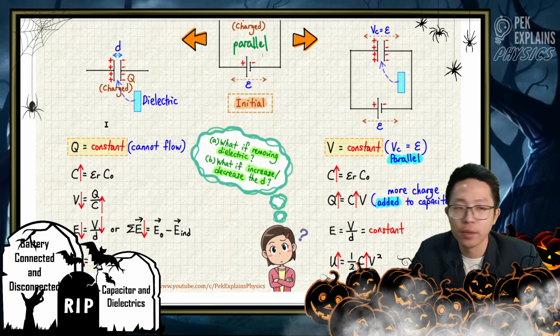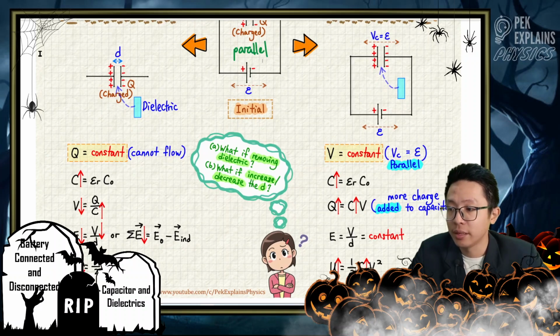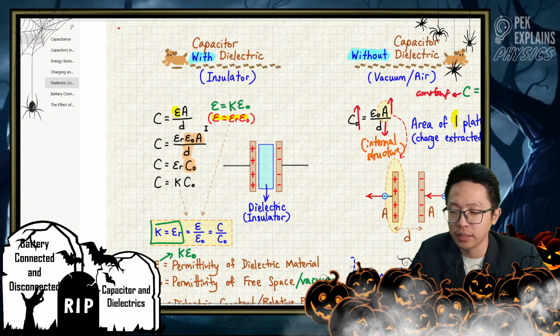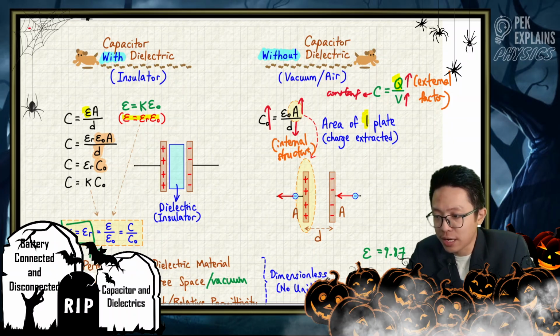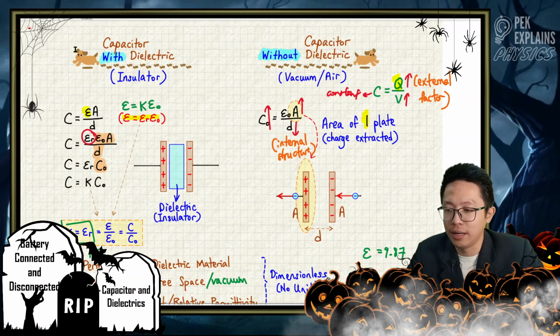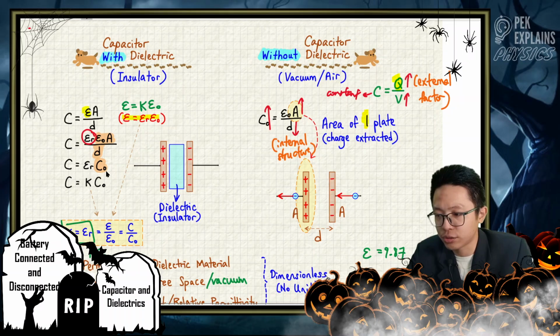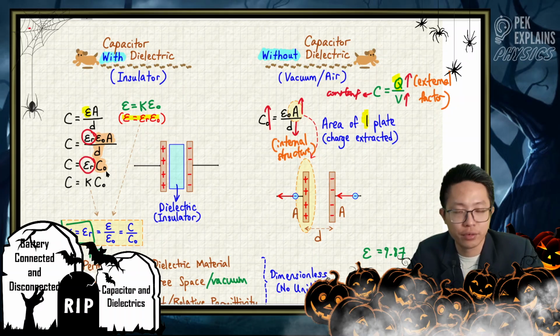As you learned before, if you insert a dielectric, you still remember the dielectric constant? If you compare a capacitor with a dielectric and one without, C, the one with the dielectric, has an extra ER, the dielectric constant.